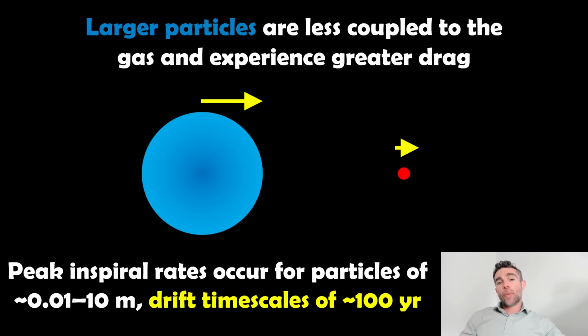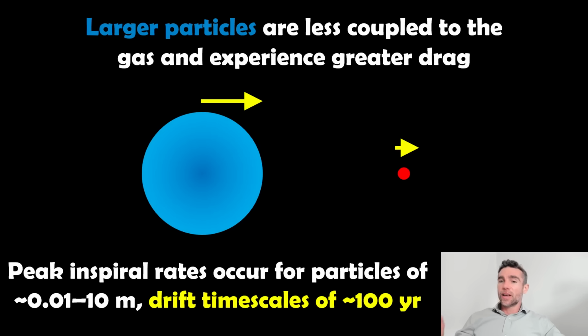Depending on the size of the particle, they can be more or less coupled to the gas. They experience greater or less drag. What does that mean? A particle experiencing gas drag slows down and will then orbit with the same speed as the gas. That is then coupled to the gas.